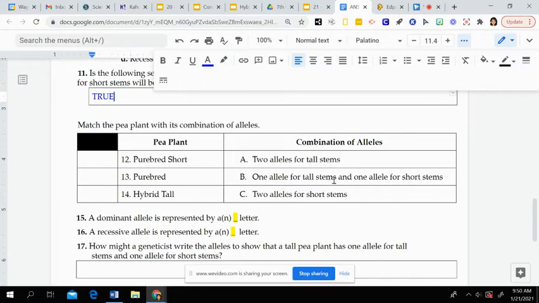So a purebred short is going to have 2 alleles for short stems. So it's going to be that recessive allele. A purebred tall would be those 2 alleles for the tall stems. That tall is considered the dominant trait, so that's a purebred. And then that hybrid tall means that there's one allele for tall stems and one allele for short stems. Because you have those different alleles for the trait, it's still going to be tall because that tall stem allele is dominant.